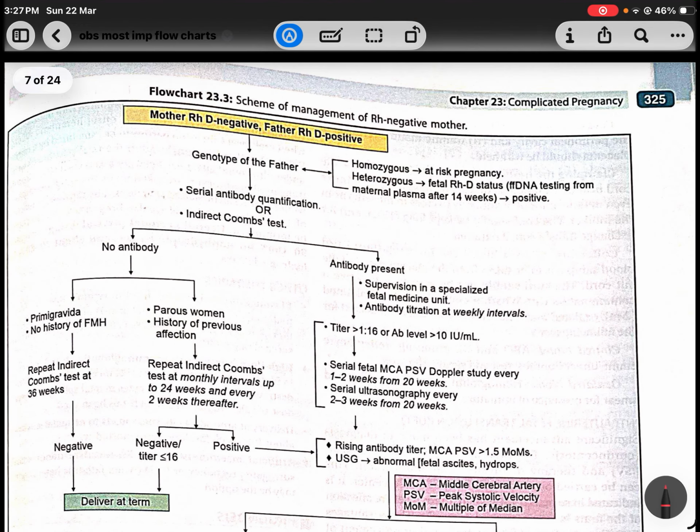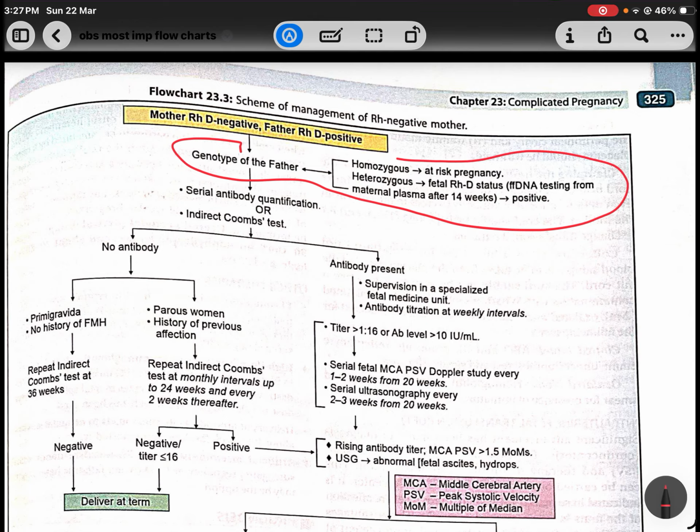Then Rh negative, it's like a short 10 or 5 marker question. The important thing is if you know the genotype of the father. For example, it's an Rh negative mother. The importance is knowing about the father.